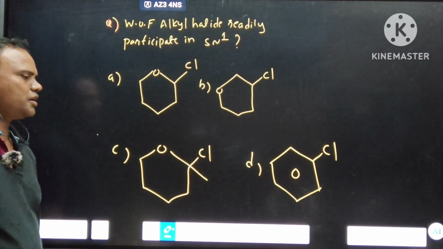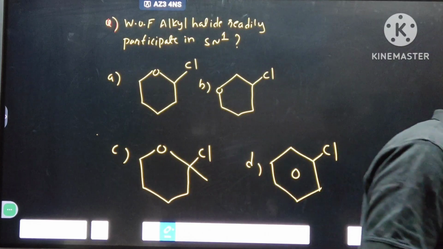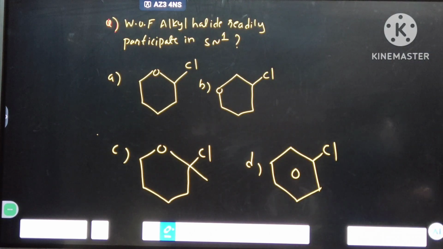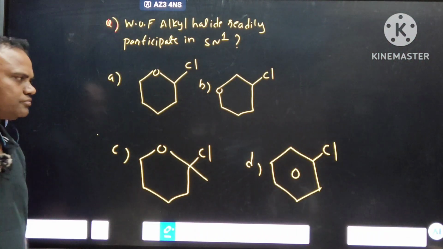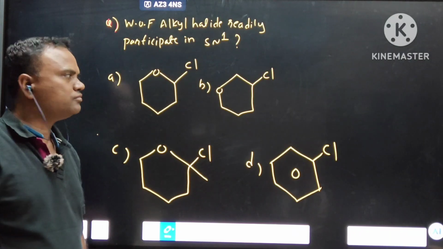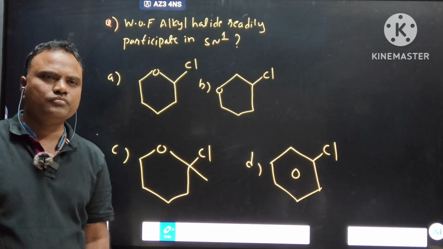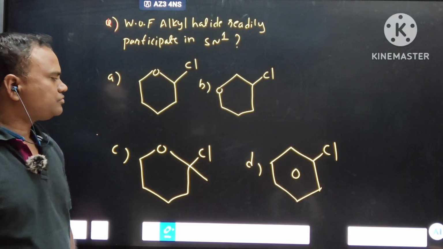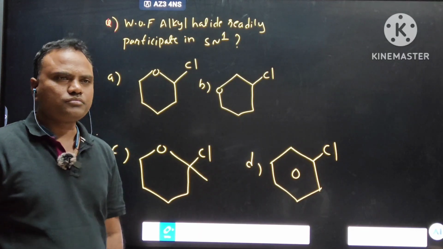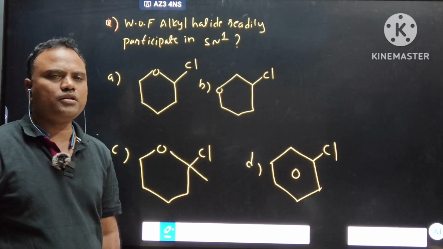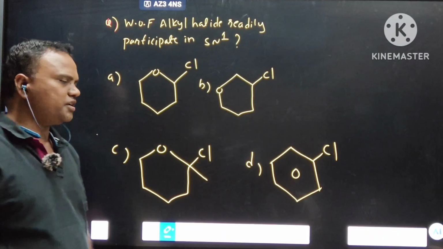Which of the following alkyl halides readily participate in SN1? How to arrange these four in the increasing order of their reactivity? First of all, give the answer: which alkyl halide readily participates in SN1.